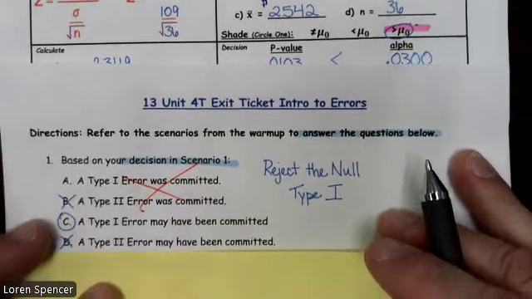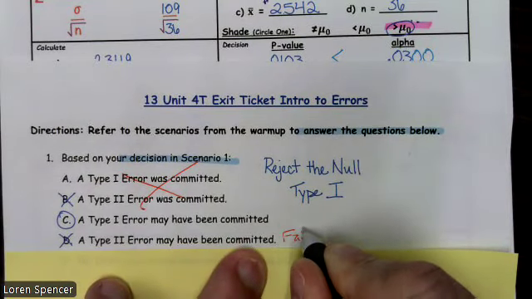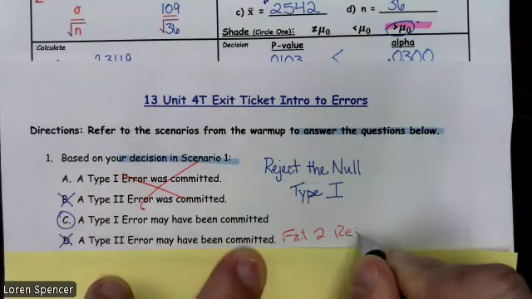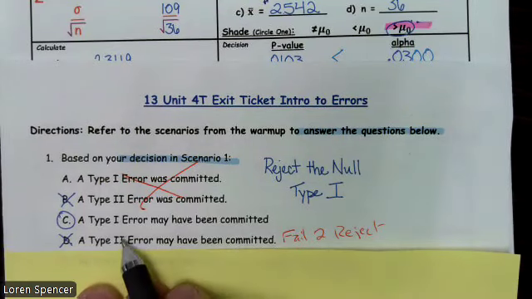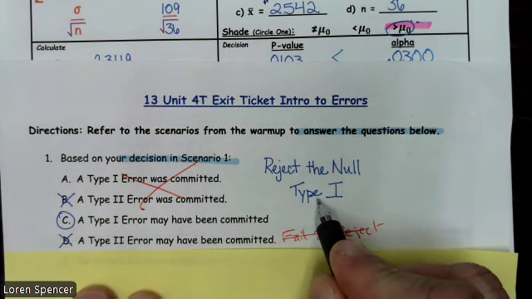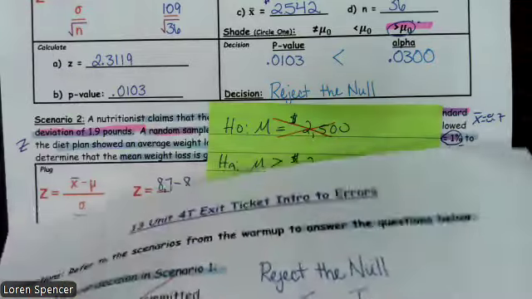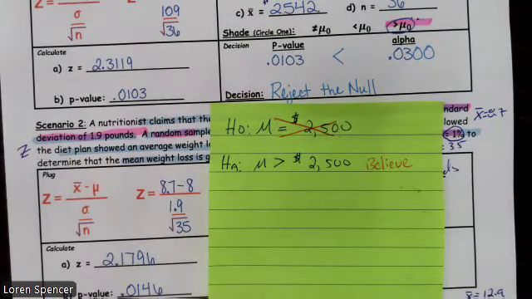A type 2 only happens if we fail to reject. So remember, type 2, failed to. Well, we didn't fail to reject, so the answer to this is type 1. All right, moving on to the next one.